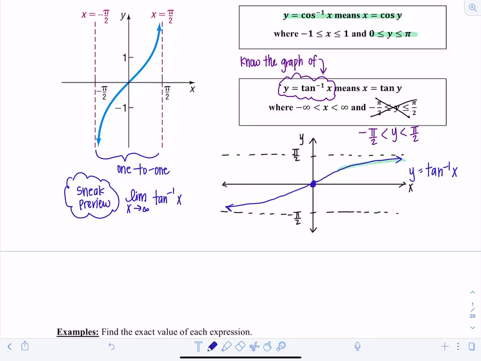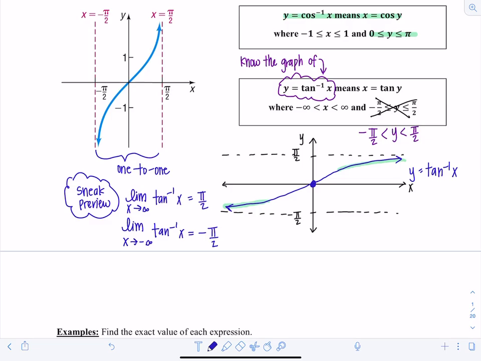Well, the answer would be positive pi over 2. And then the limit as x approaches negative infinity of tan inverse of x. If we go the other way, that's approaching negative pi over 2. Okay, you don't need to worry about remembering all that for this class. Just remember the graph because it's going to be super useful in the rest of your math career.